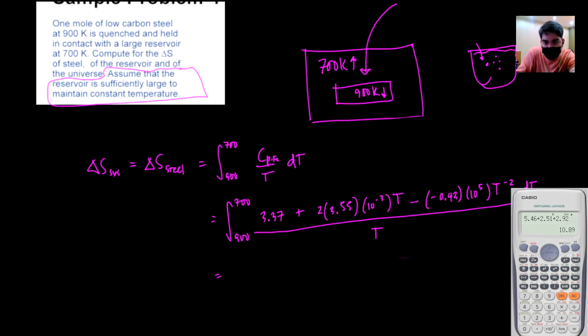So let's input the values. No? So we have integral, then 3.37 over x, then plus 2 times 3.55 exponent negative 3 over t, magka-cancel siya.